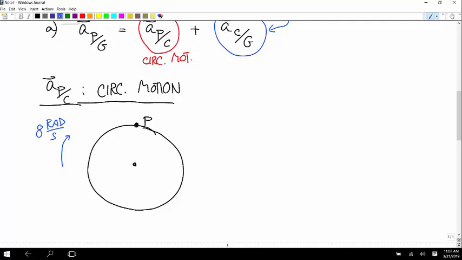And that means that the velocity vector is this way. There's no angular acceleration, so there's no tangential acceleration. The centripetal acceleration is this way. And since there's no tangential, that's the entire acceleration.